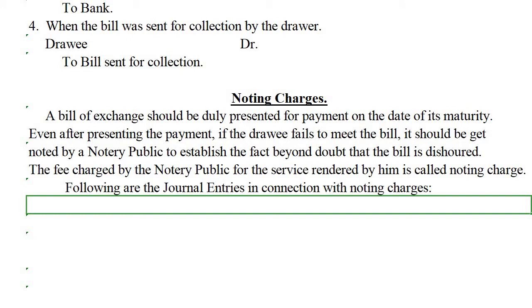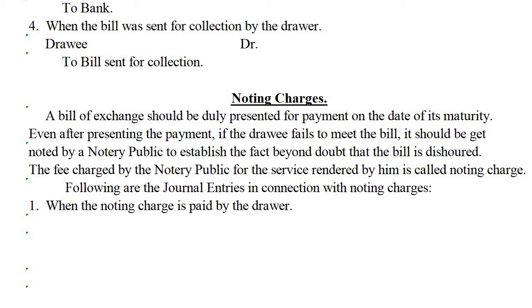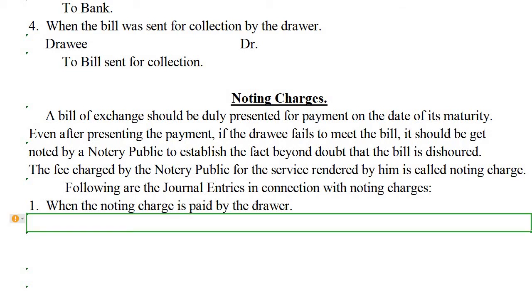Okay. So the first case, when the noting charge is paid by the drawer. When the noting charge is paid by the drawer, it has to receive from whom? Actually, this is because of the default of the drawee. The drawer has to spend noting charges also. So next time, while collecting the amount from the drawee, he has to collect noting charges also.